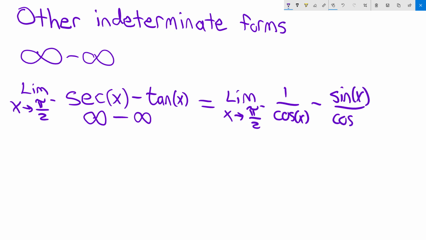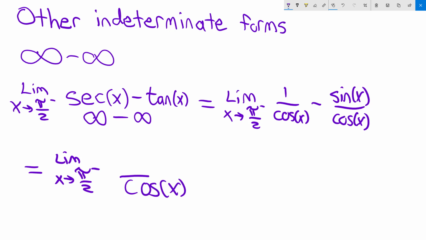So rewriting into these fractional forms gives us this idea that, oh, they have a common denominator. So we should be able to combine them into one common denominator expression of cosine on the denominator. And on the top, it would just be 1 minus sine of x.